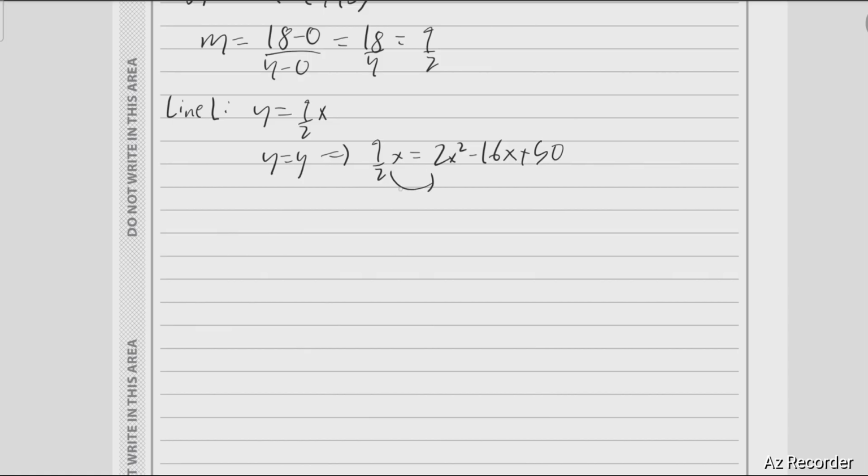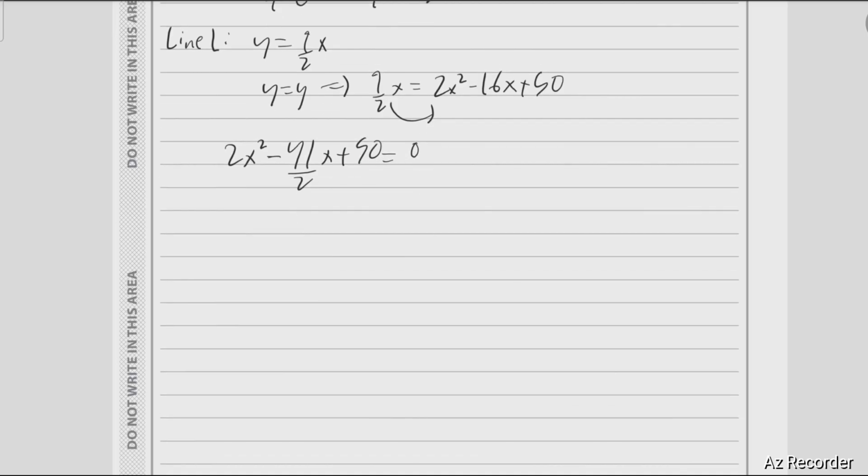We move this to the other side. 2x squared minus 41 over 2 x plus 50 equals 0. Now I would highly suggest that you make all whole numbers. So I'm just going to multiply by 2. 4x squared minus 41x plus 100 equals 0.